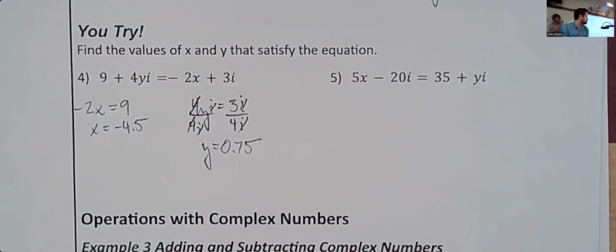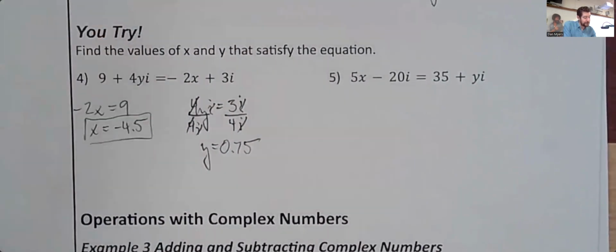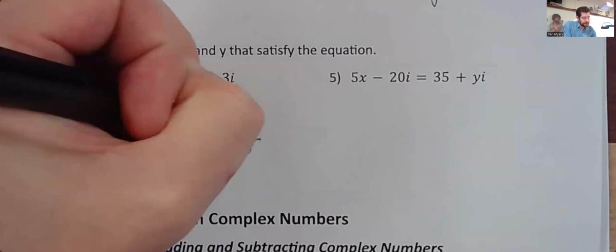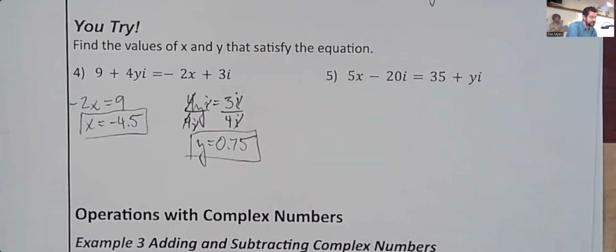Try the next one on your own. Set the real parts equal, solve for x. Set the imaginary parts equal, solve for y. This one should be easier than number 4, by the way.